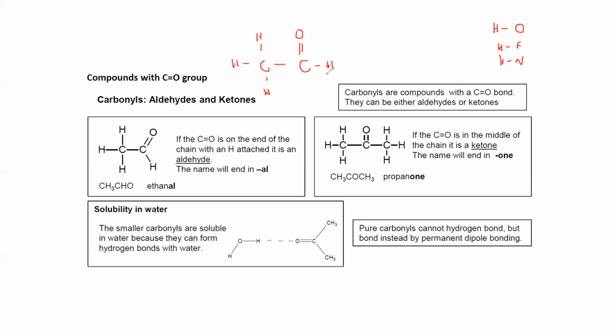But in this case, you have one molecule of ethanal, then another molecule of ethanal. So these two molecules are not able to form hydrogen bonds. Why not? Because you can see the hydrogen is not directly attached to any one of these most electronegative elements, such as oxygen, fluorine, or nitrogen.